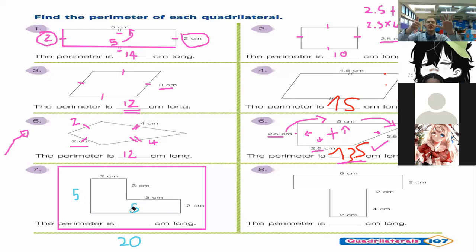So we have all 6 lengths of all 6 sides. Now we add them together. 5 plus 5 equals 10. 10 plus 2, 12. 12 plus 3, 15. 15 plus 3, 18. 18 plus 2, 20. So our answer is indeed 20 centimeters. Well done, Tantan. Excellent answer. Thank you very much.